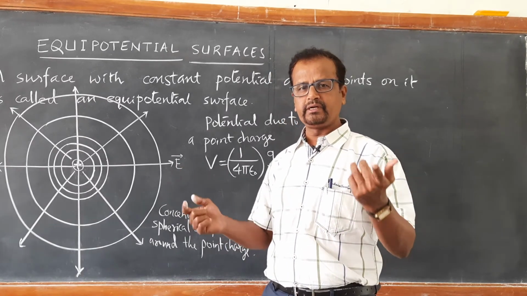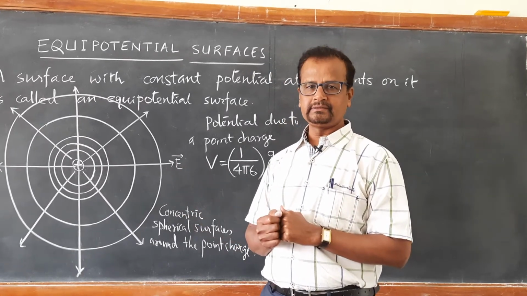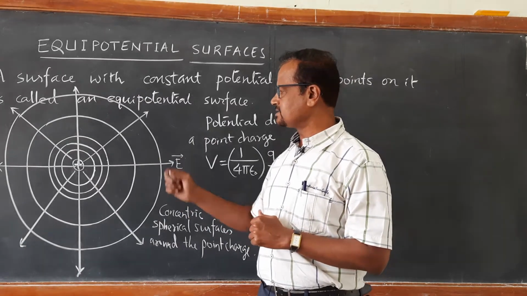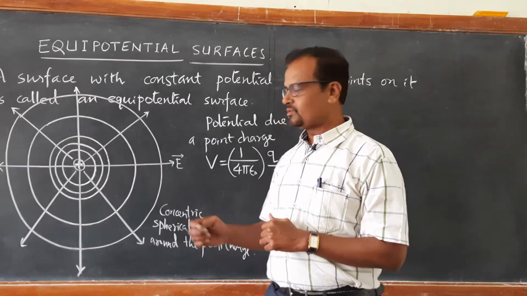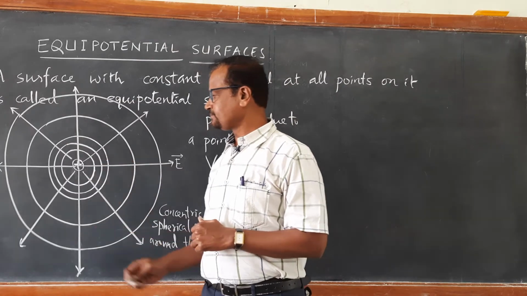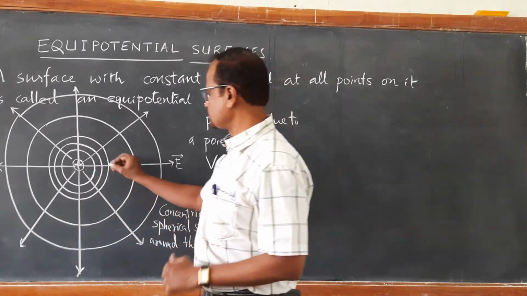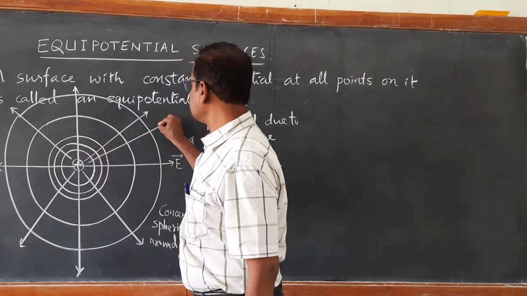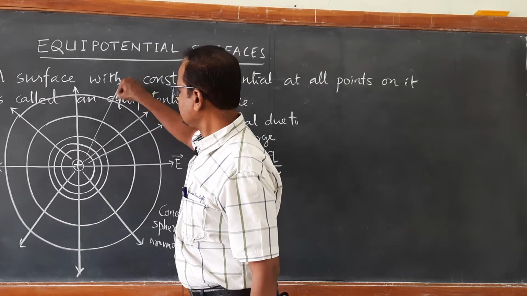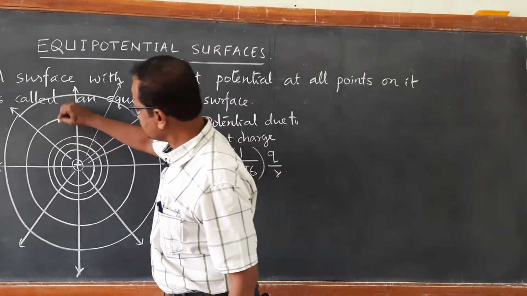In the same way, we have learnt even electric field. Electric field lines, you see, as you approach closer to the source charge, there is more crowding of field lines.